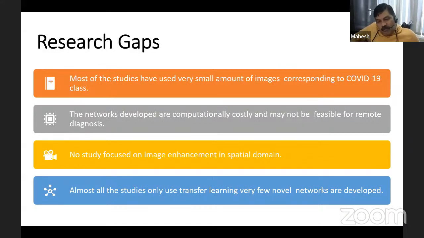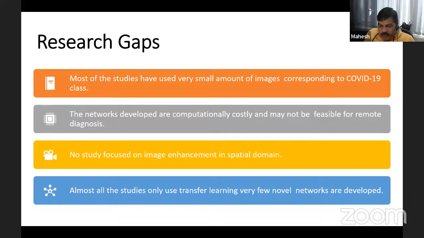Okay, we want to reduce the computational cost, and propose a network accordingly for this specific problem. Another gap: hurriedly people published papers on COVID detection, but there is little development in enhancement. They have not used enhancement on the image. Whatever image they got, they processed it and concluded whether it is a Corona-19 infection or not.